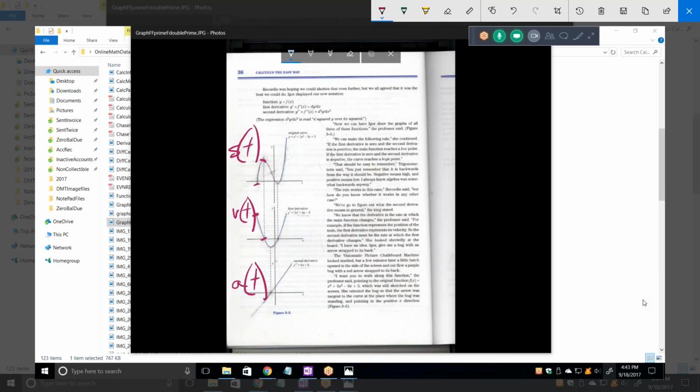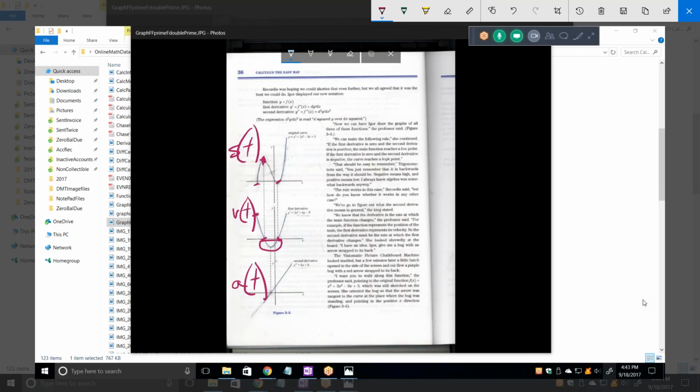Now, when the position goes from high to low, in other words, the position function is decreasing, you know what I mean by increasing and decreasing. When the position is decreasing, the velocity is negative. That whole area right there is negative velocity. It's below the x-axis.